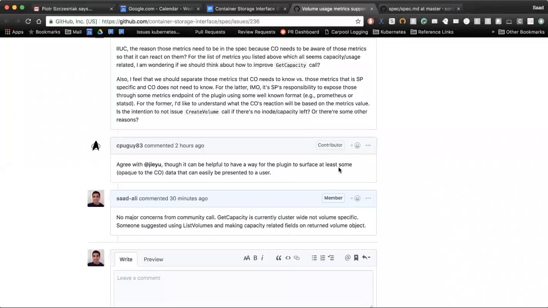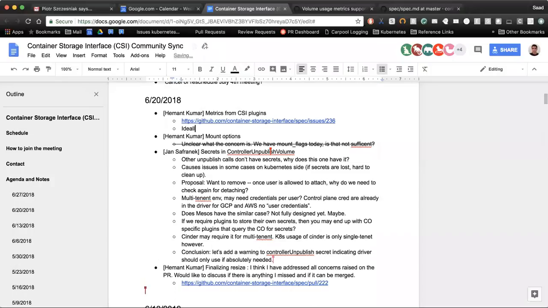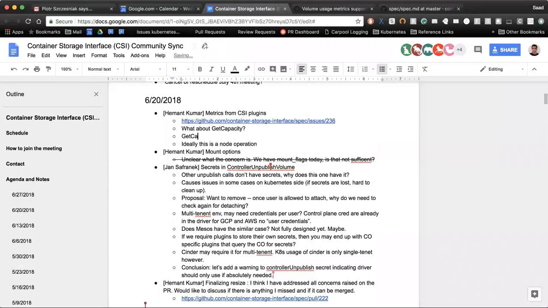But then we also need to think about under what situation we can use these metrics on what volumes. For example, if a volume is no longer node published, maybe you cannot just DU it, right?